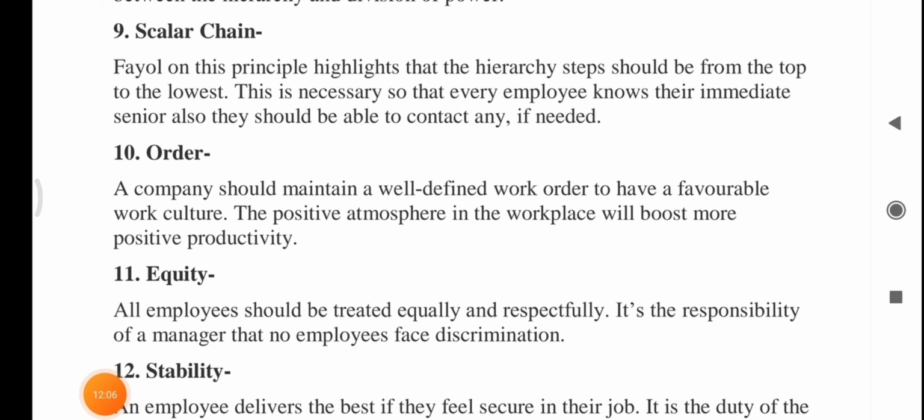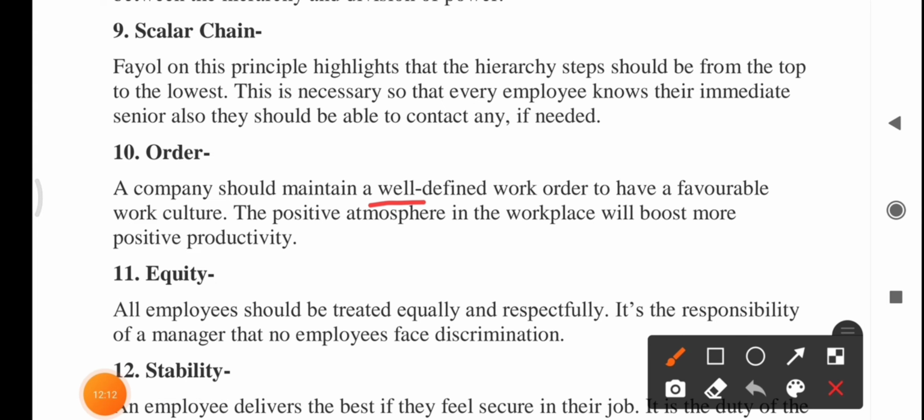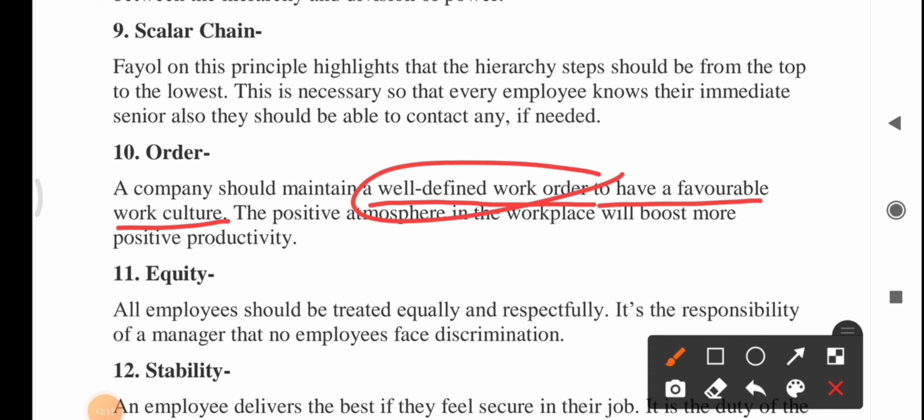Principle number 10 says a company should maintain a well-defined work order, to have a favorable work culture. A positive atmosphere in a workplace will boost productivity. If there is a positive work environment in any organization where you are working, efficiency automatically comes out of it.